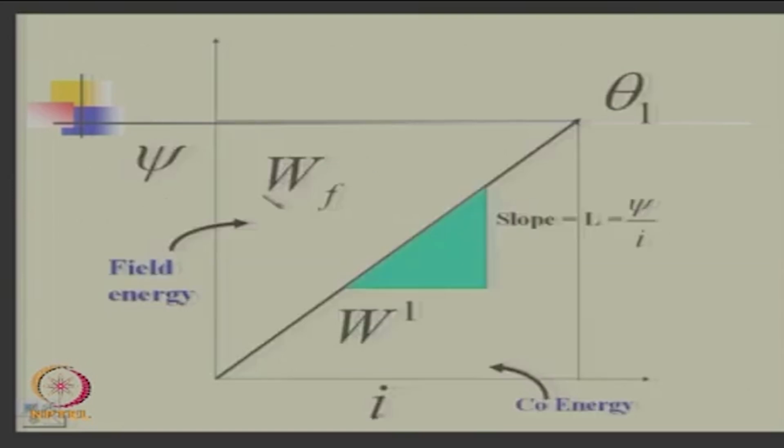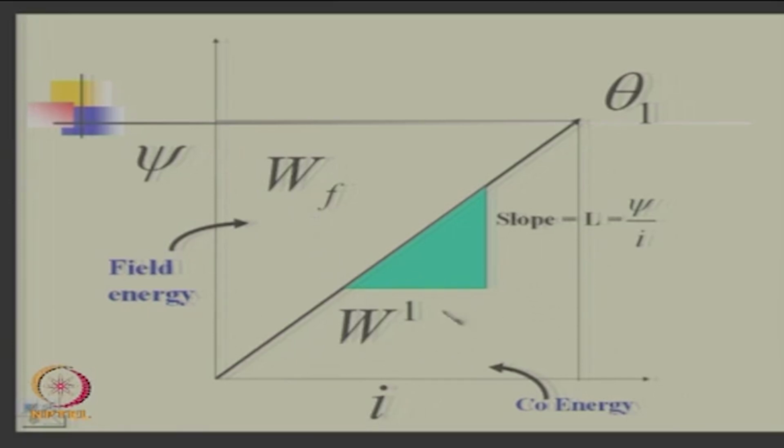Okay. So, you have psi and I, this is the flux linkage versus current, it is linearly changing for the given position theta. My position is theta. So, psi is varying with I and this area we call energy stored, and this area we call co-energy W dash.